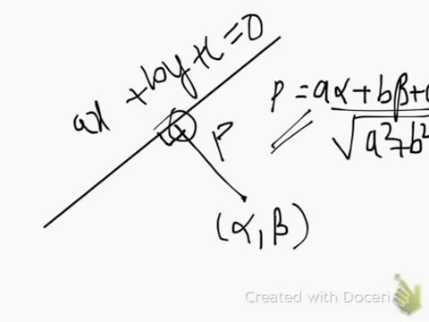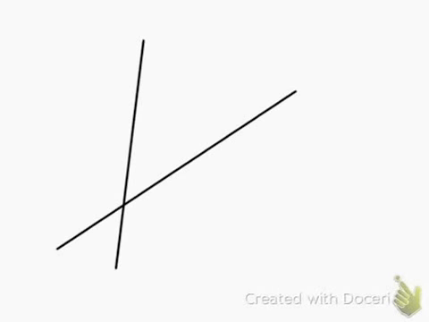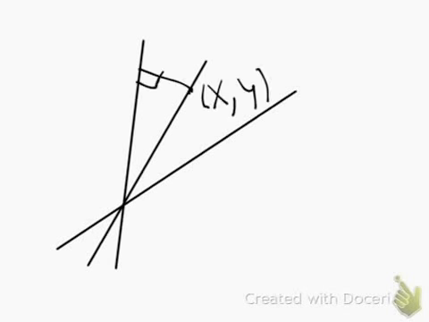Now let us prove the equation of the bisector of the lines. It's a very simple proof. If we have these two lines, and let us consider the bisector here, and we take any arbitrary point (x, y) on this and I drop a perpendicular here, then we know that this angle here is theta and this angle here is also theta, then by congruency, this distance and this distance will be equal.